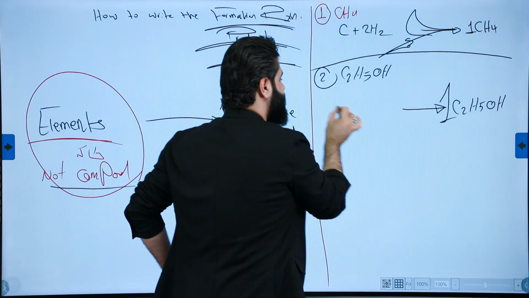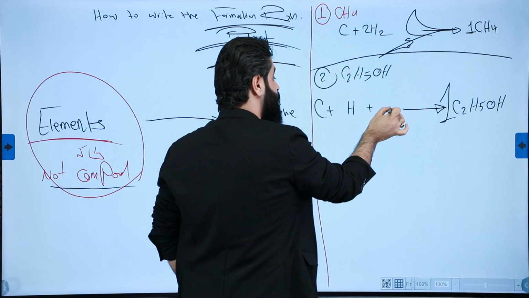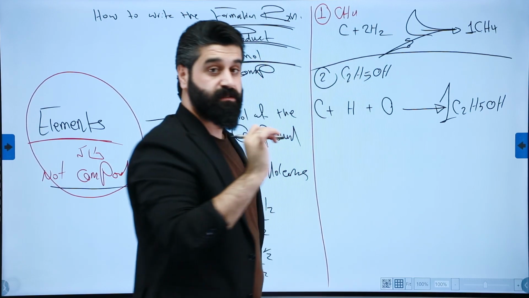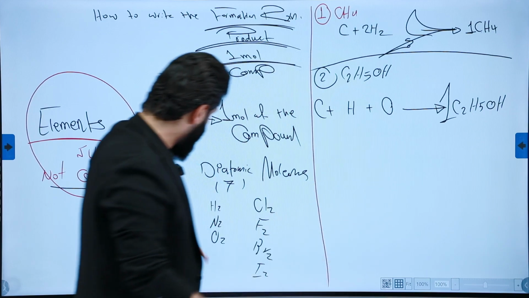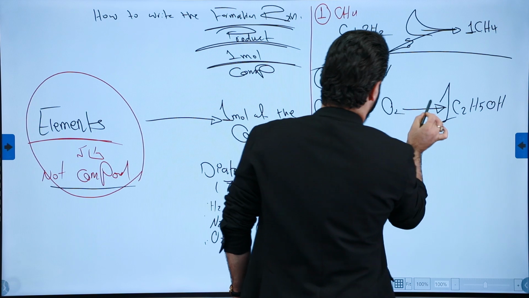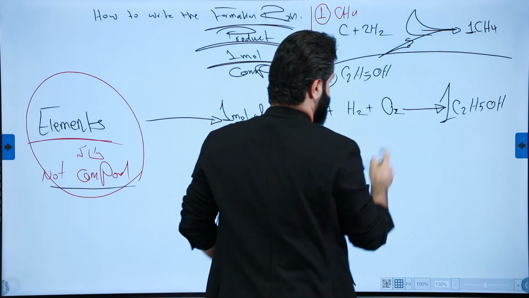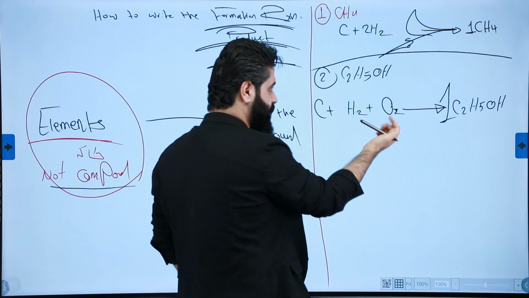What are the elements? We have carbon plus hydrogen plus oxygen. Then balance. We have 2 diatomic molecules: oxygen must be 2, hydrogen must be 2. Then try to balance the whole equation.